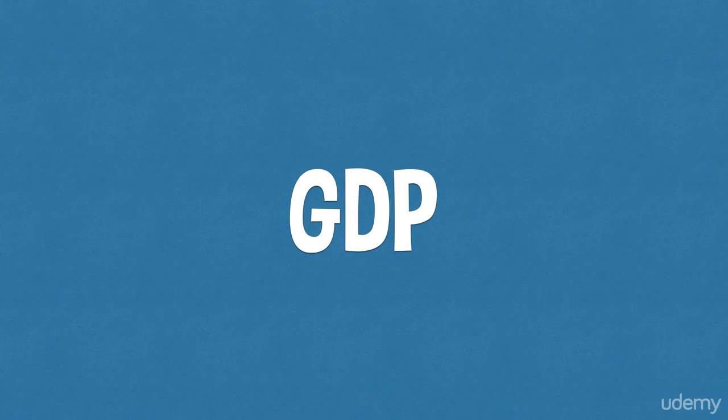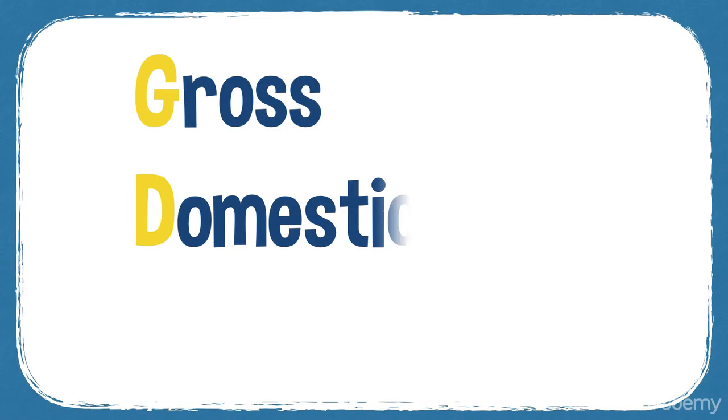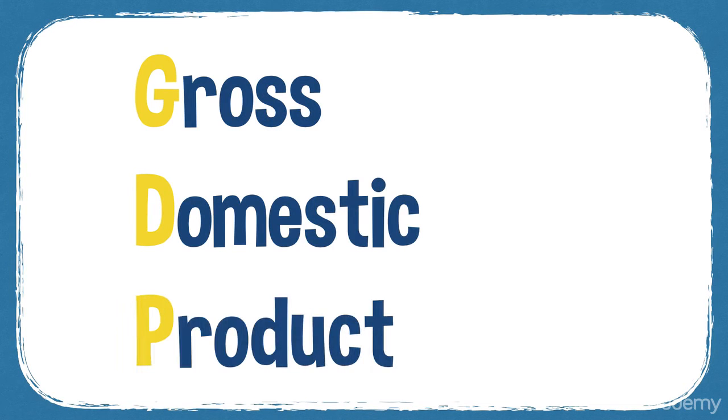One way we measure whether a country is in a recession is through the GDP of a country. The GDP. And GDP stands for Gross Domestic Product. Now, a country's GDP, it's an indicator.